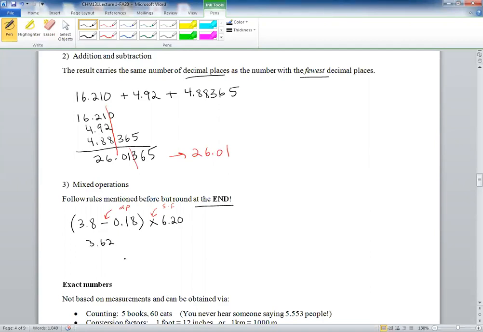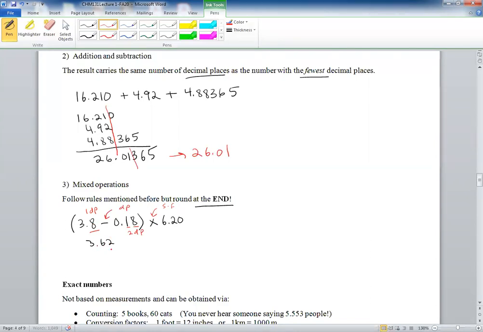Now, before you proceed, you need to remember that this has one decimal place and this one has two. And if you recall, we have to go with the least number of decimal places. So we actually need to go with 3.6.